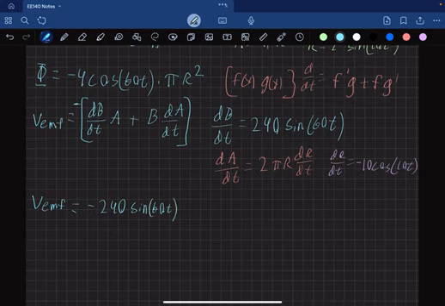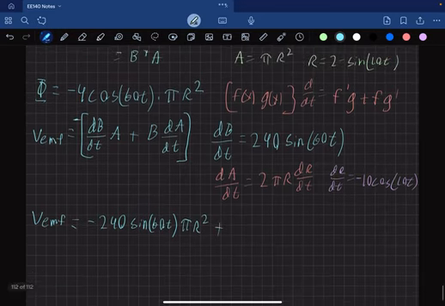That's dB/dt, and their area is just pi r squared. Adding the second component, you have a value for B, which is 4 cosine 60t, and the negatives will cancel for this component.